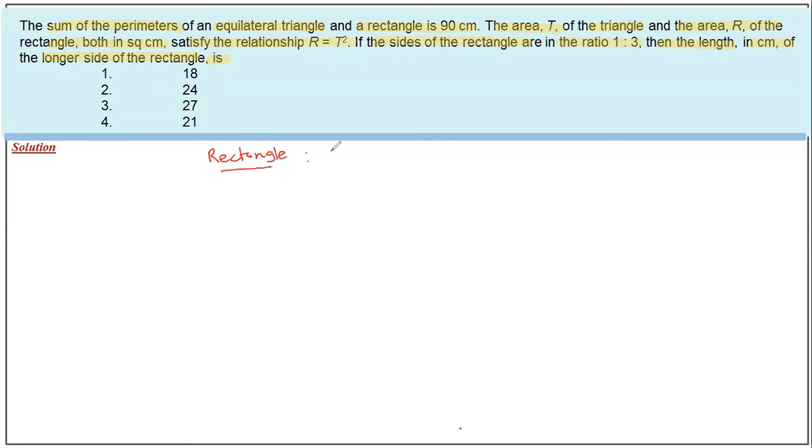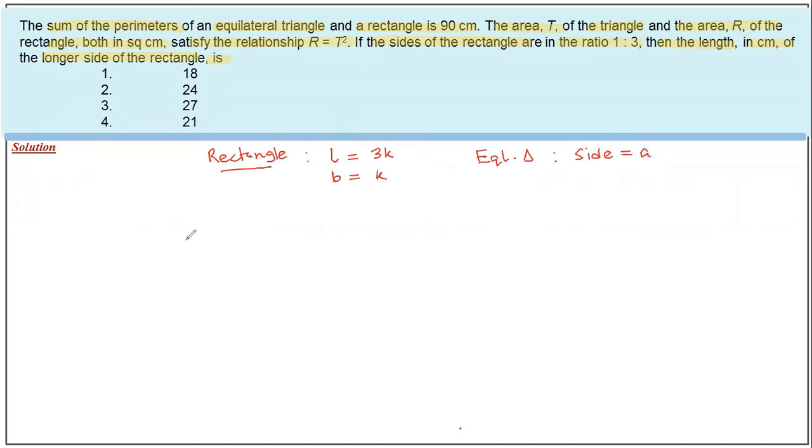So for the rectangle, let the length be 3k and the breadth be k. And for the equilateral triangle, let its side be equal to a.